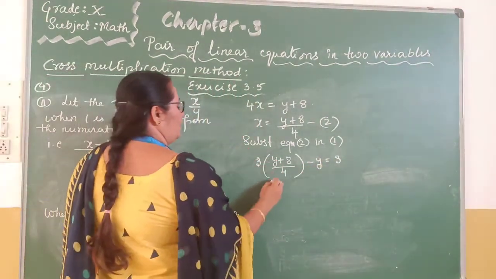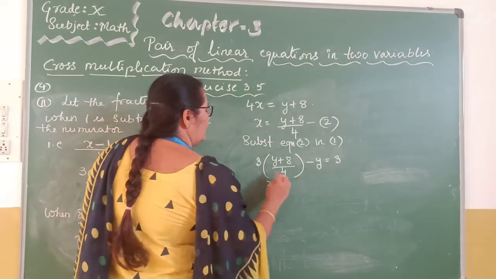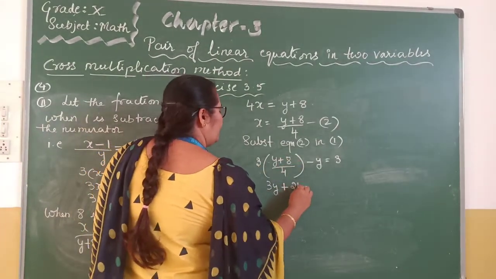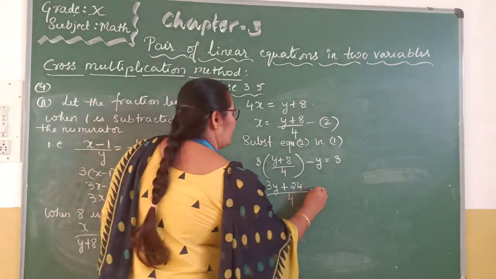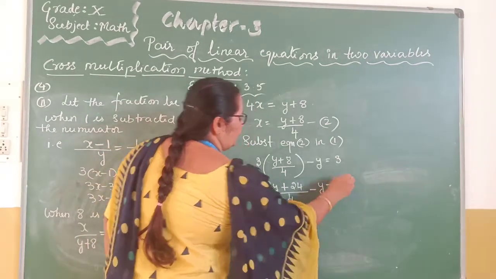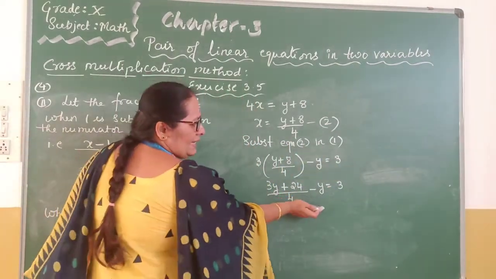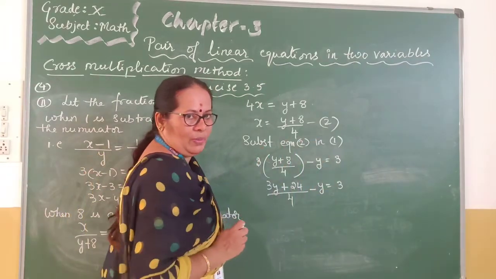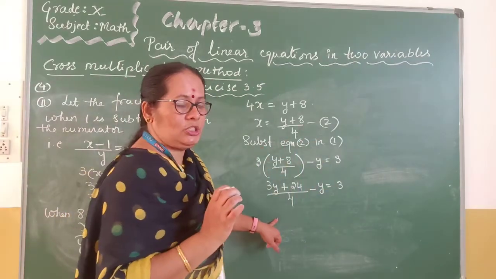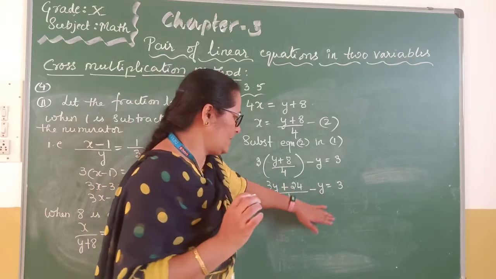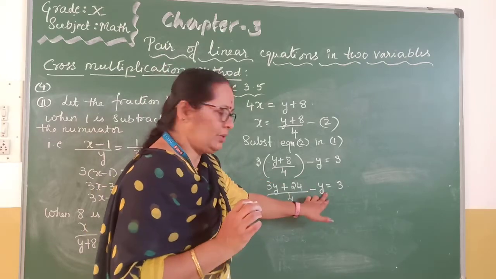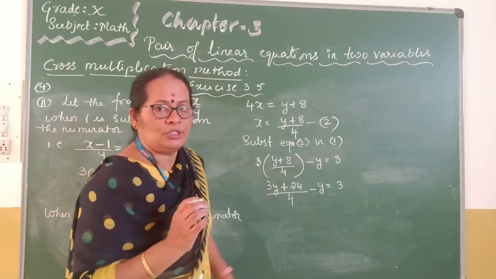Now 3 into y, 3y; 3 into 8, 24, by 4 minus y equals 3. First we take LCM and then cross multiply. You cannot take cross multiplication directly here. First we take LCM for these two terms and then cross multiply.